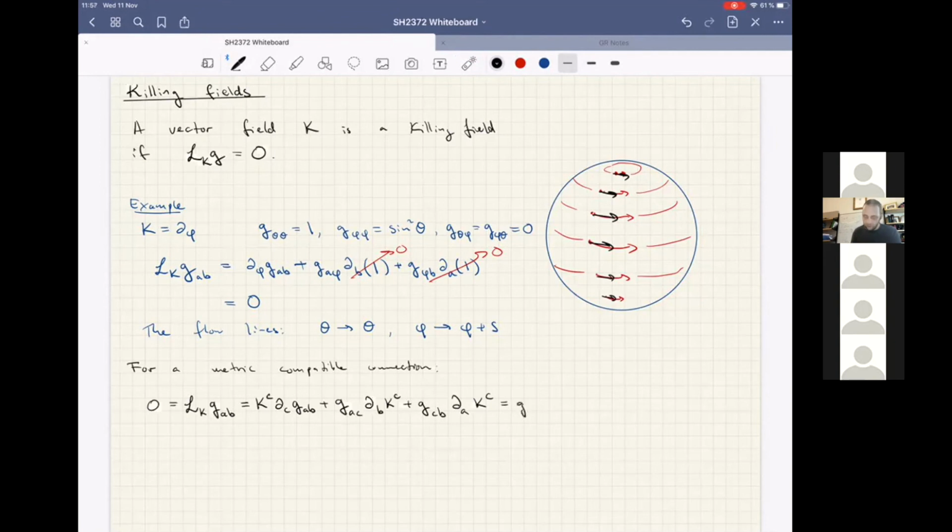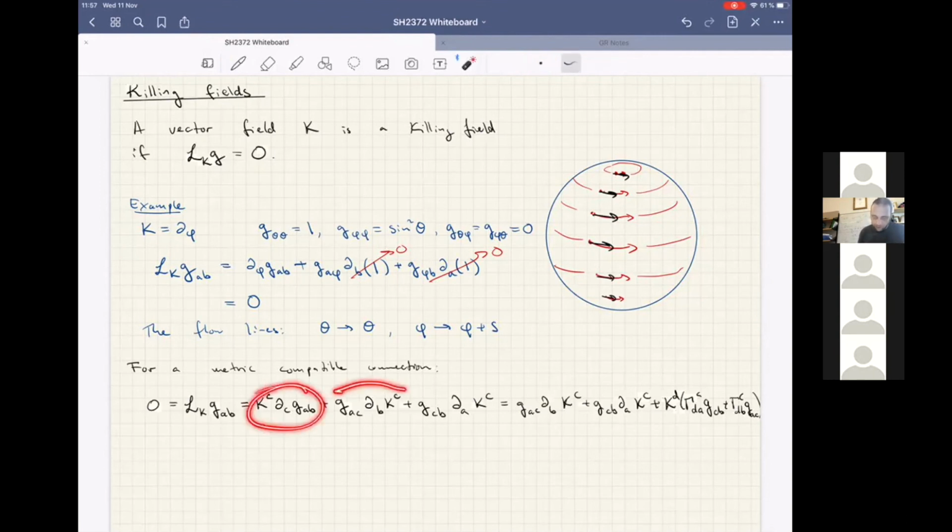I'm going to write first the two other terms, ∂_B K^C plus g_CB ∂_A K^C, and then using the metric compatibility, I get K^D Γ^C_DA g_CB plus Γ^C_DB g_AC. So the only thing I have done now is to use the metric compatibility to rewrite this derivative in terms of the Christoffel symbols.